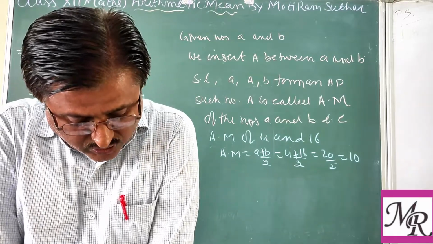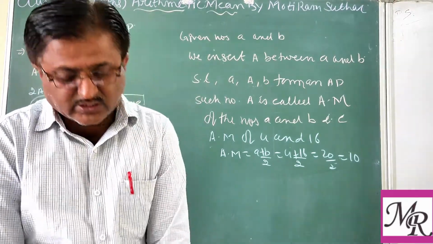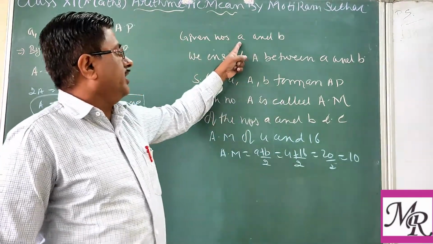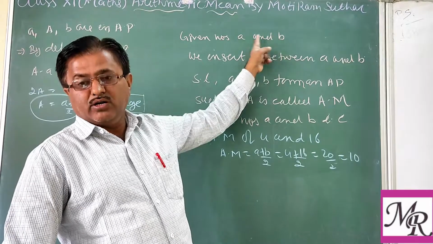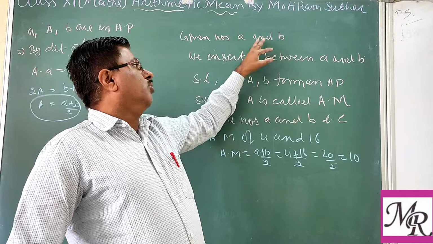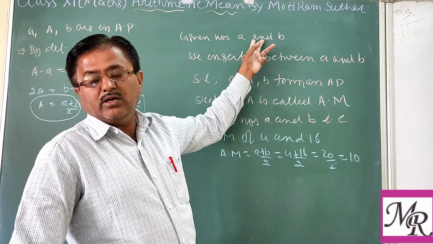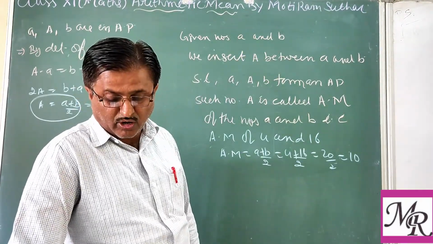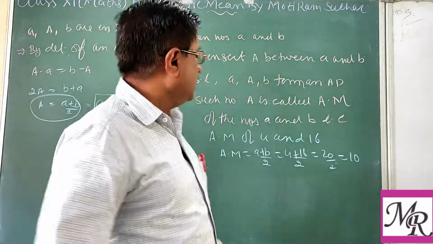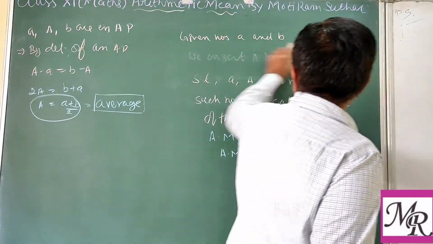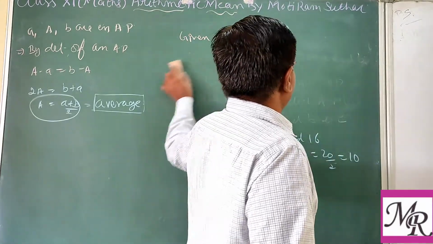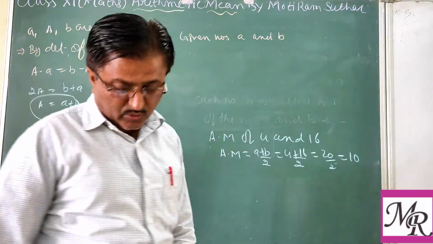Now a natural question arises: can we insert two or more numbers? Here we are inserting one number between the given two numbers. Can we insert more numbers between a and b, either 2, 3, 4 or 5? The condition should be true. Suppose we want to insert n numbers between the given two numbers.